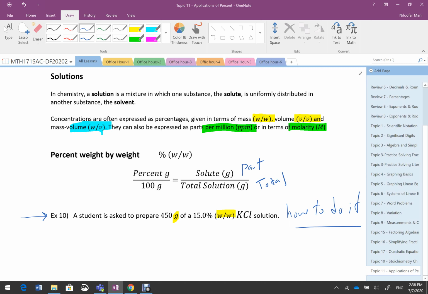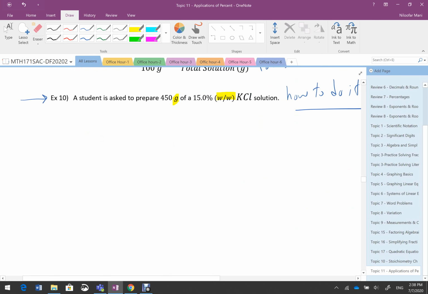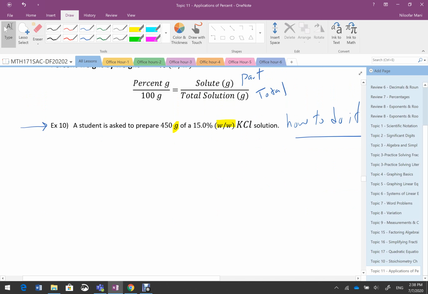Okay, a student is asked to prepare 450 gram of 15% W by W KCl solution. How to do it? How can we do this? How is the student going to do it? What is the way? Okay, so what is 450? 450 is total. 15%.